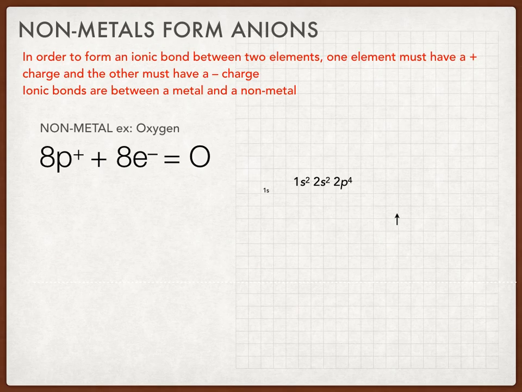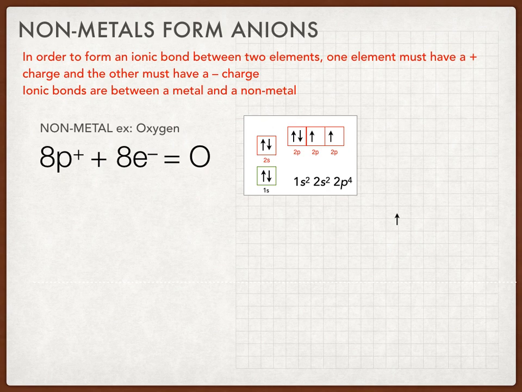The electron configuration for oxygen is 1s2, 2s2, 2p4. And as you can see here, this is the orbital diagram of oxygen, okay? And when an oxygen interacts, remember we're looking at ionic bonds, so it's between a metal and a nonmetal.